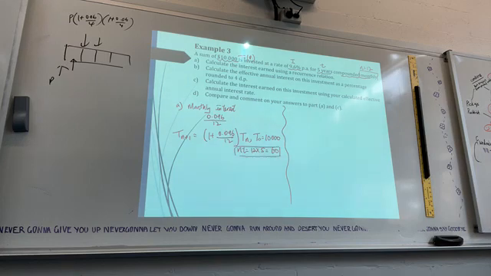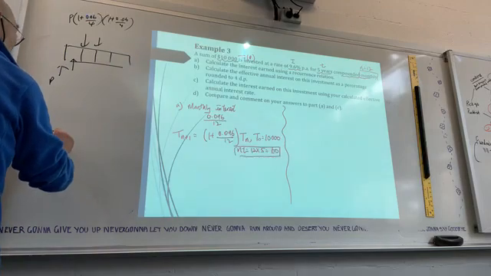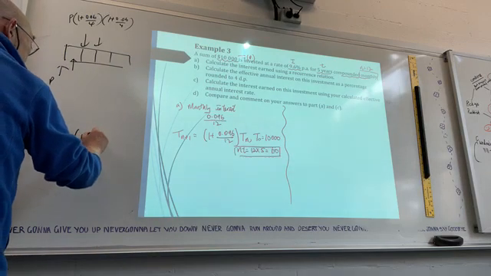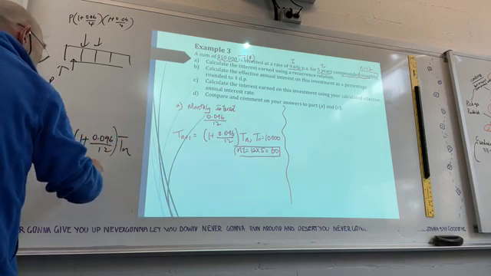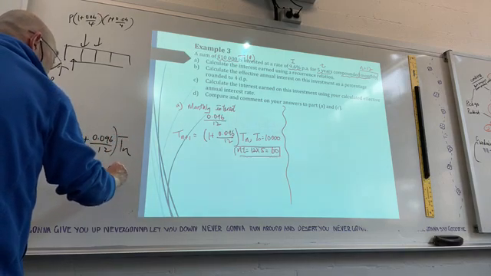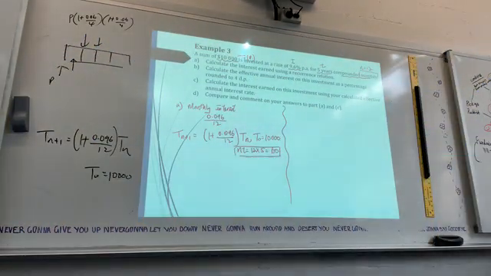Now, let's input this into your calculator, Classpad. Let me write it down so that I can remember. Tn plus 1 equals 1 plus 0.096 divided by 12 times Tn. T0 equals 10,000. Let's grab your Classpad.